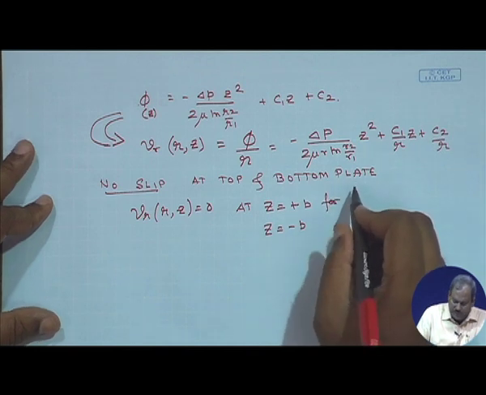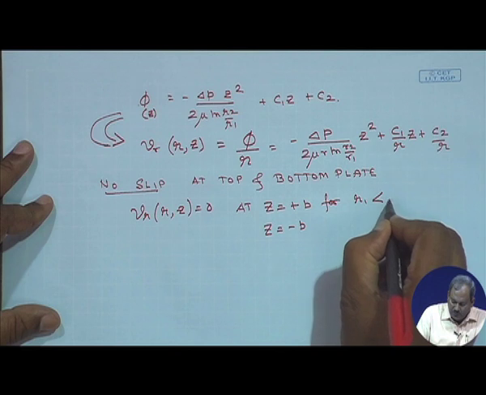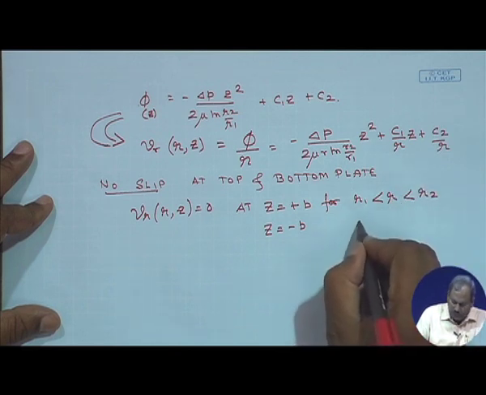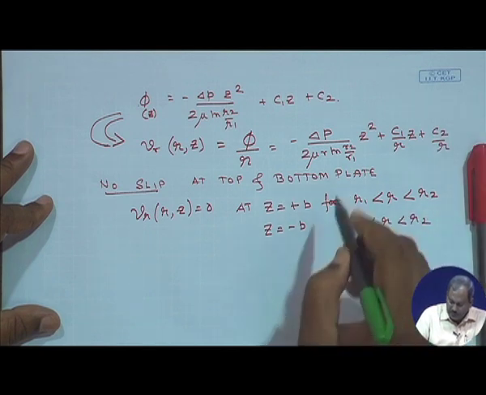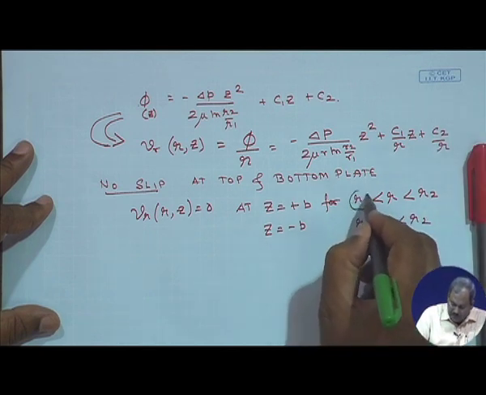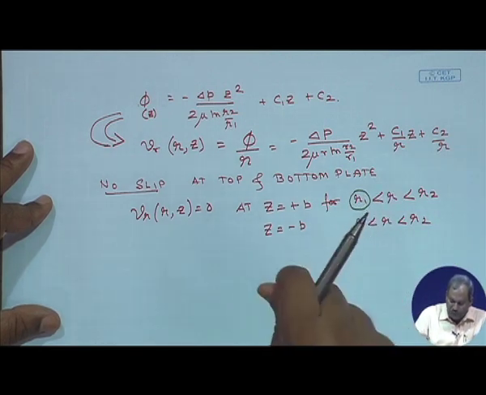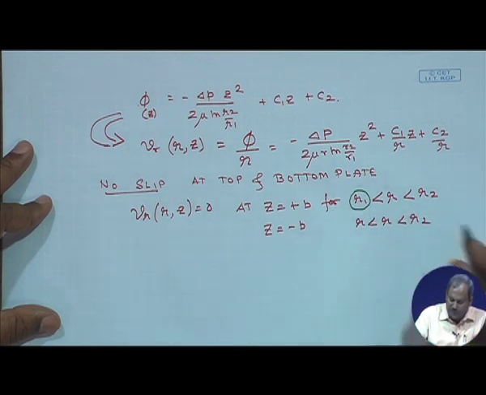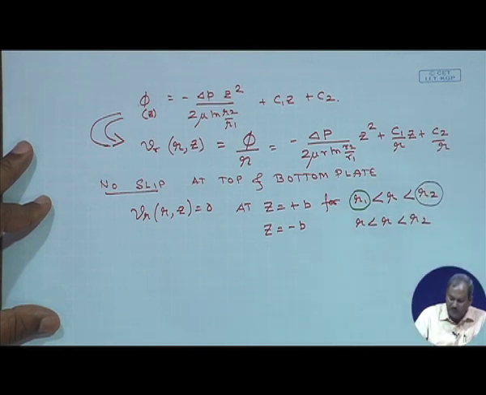However, we must realize that it's valid in a region where r is greater than r1 but less than r2, where r1 is the radius of the hole at the top through which the liquid comes in to the space between the two discs, and r2 is the outer radius of the two discs.